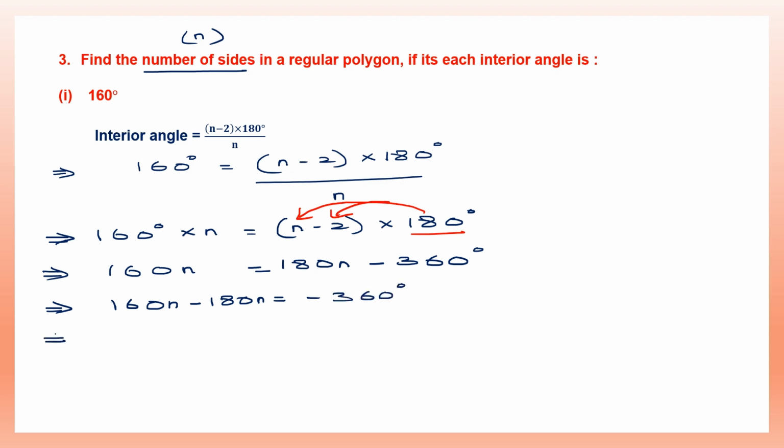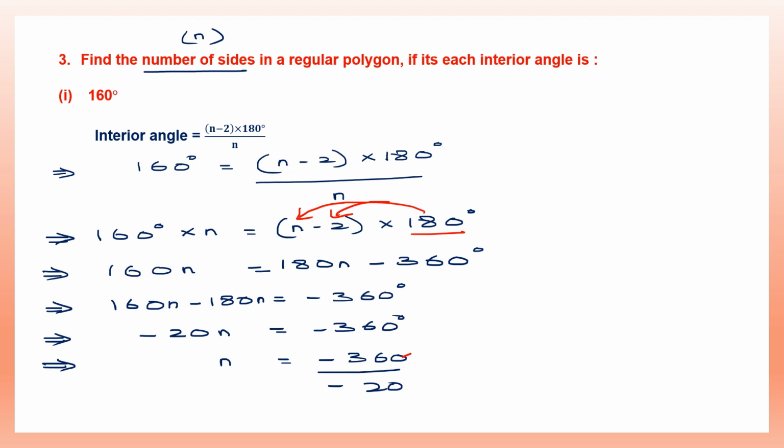So 160 minus 180 makes it negative 20, or minus 20n is equal to minus 360 degrees. So now I'm going to find the value of only n. That will be minus 360 divided by minus 20, because I'm taking this minus 20 to the other side.